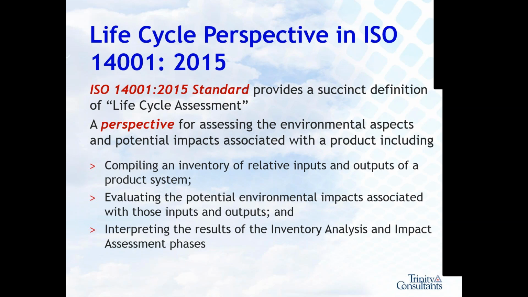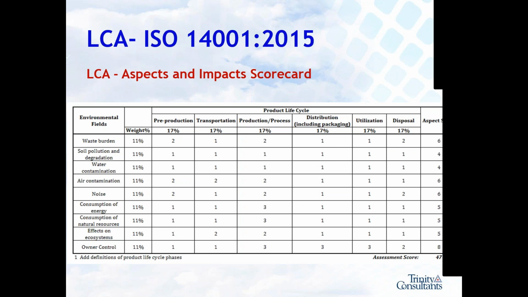You evaluate the environmental impacts and you interpret those results. Again, that's a form of a risk analysis, maybe to a lesser extent. But one of the things nice about ISO is it allows you to define how much effort you put into these processes and really what's advantageous for you and your company.